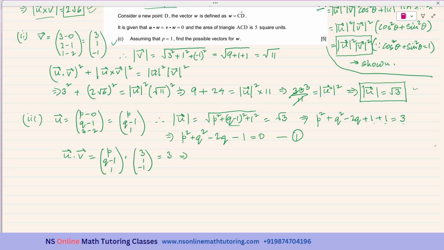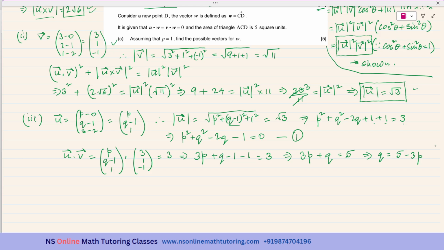So it is 3p plus q minus 1 minus 1 is equal to 3, or 3p plus q is equal to 5, since 3 plus 2 is 5. First of all, they have asked for the p value, so let me write q equal to 5 minus 3p.